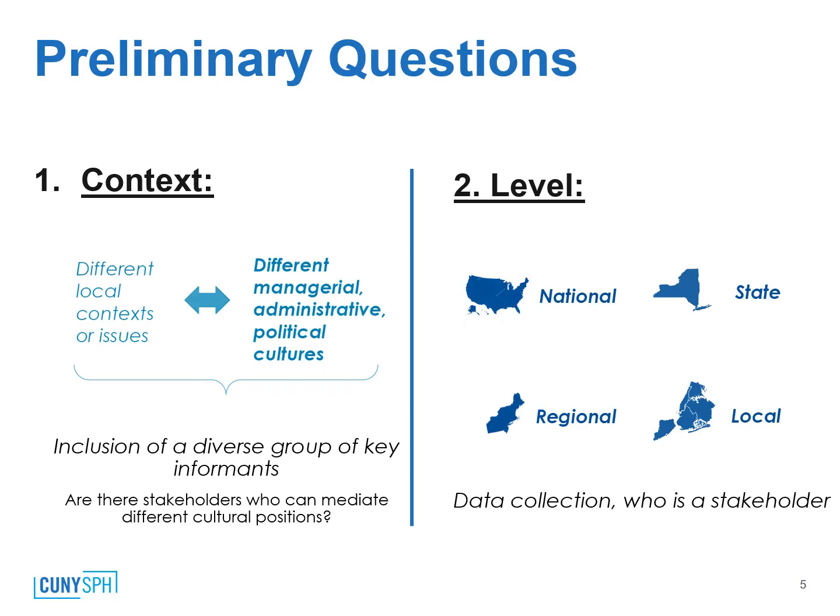The next two considerations are context and level. Context matters because managerial, administrative, and political cultures differ depending on where the policy is unfolding. Including a diverse set of informants can help capture these perspectives. Meanwhile, level refers to where stakeholders operate.